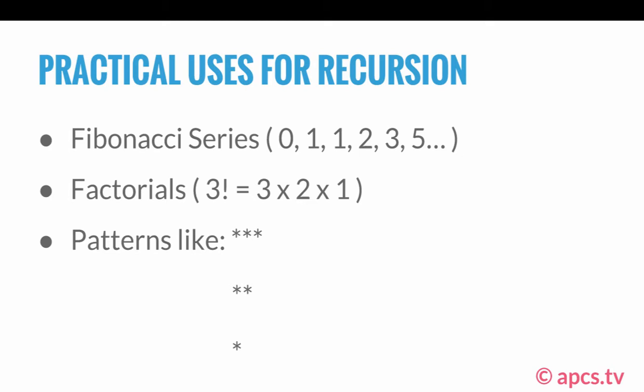So 0 plus 1 equals 1, 1 plus 1 equals 2, 1 plus 2 equals 3, 2 plus 3 equals 5, 3 plus 5 equals 8, and so on. Then we have something called factorials, which are things like 3 exclamation mark, which is equal to 3 times 2 times 1. And then we also have patterns like 3 asterisks, 2 asterisks, 1 asterisk, so things like that. That's where recursion really fits in.